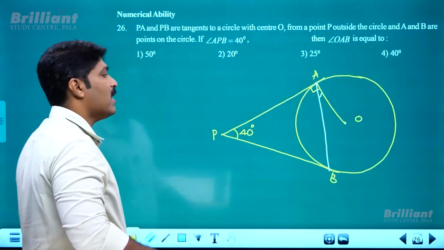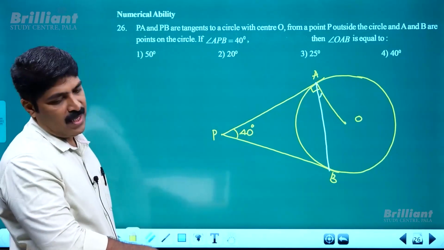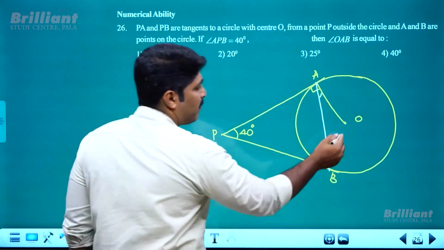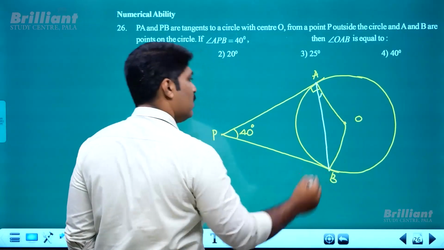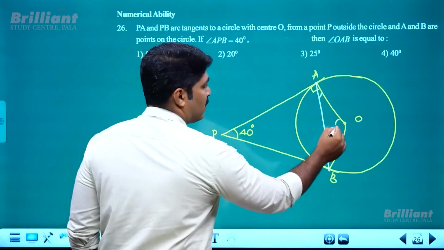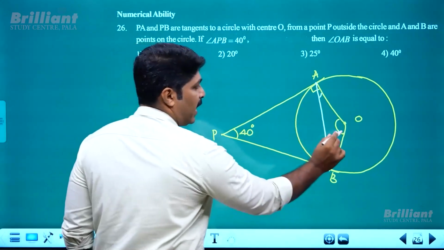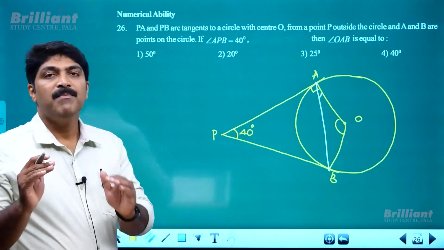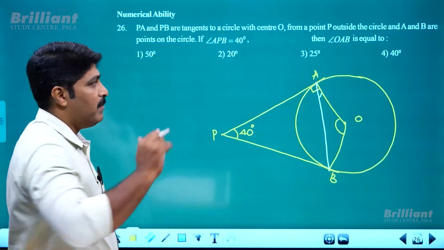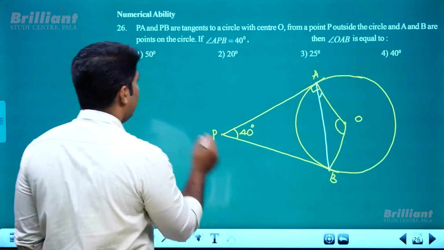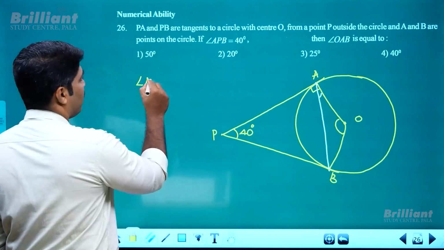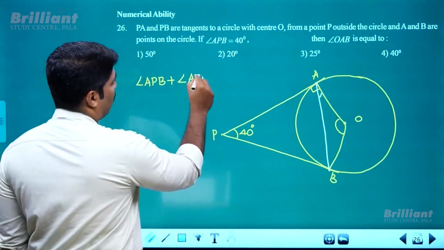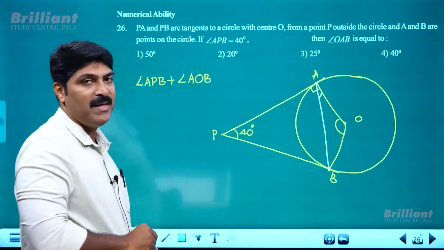So what are the important results here? If angle APB equal to 40 degree, what will be the central angle? There is a property that these two angles, angle APB and angle AOB, are supplementary angles.